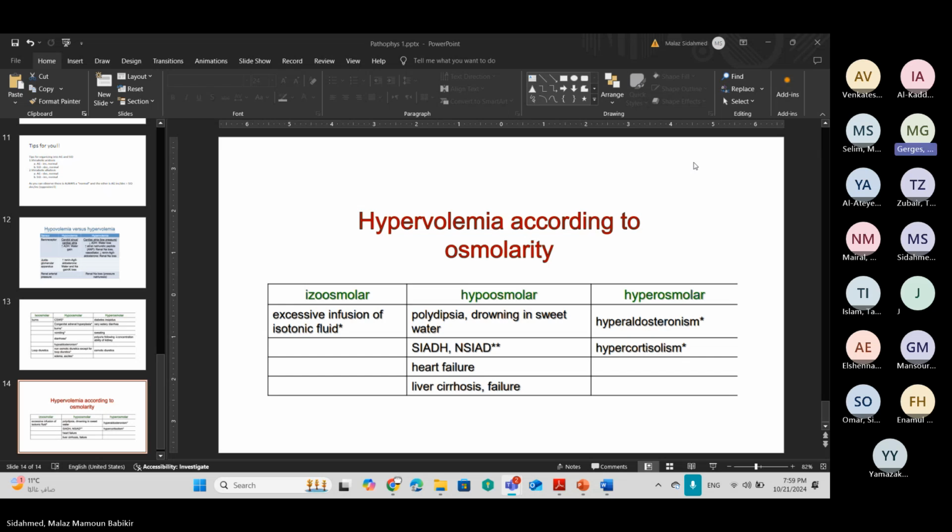I can explain. Okay, do tell me. So hyperaldosteronism and hypercortisolism basically do the same thing where they allow isoosmotic fluid to be resorbed in the kidney. And when we retain a lot of that, then we have pressure diuresis, where we lose more water than sodium. So we have hyperosmolar hypervolemia.